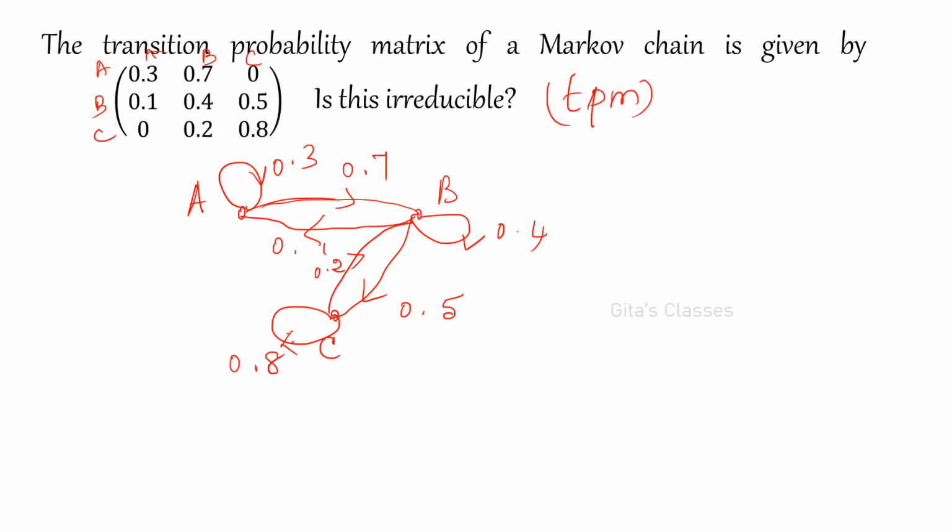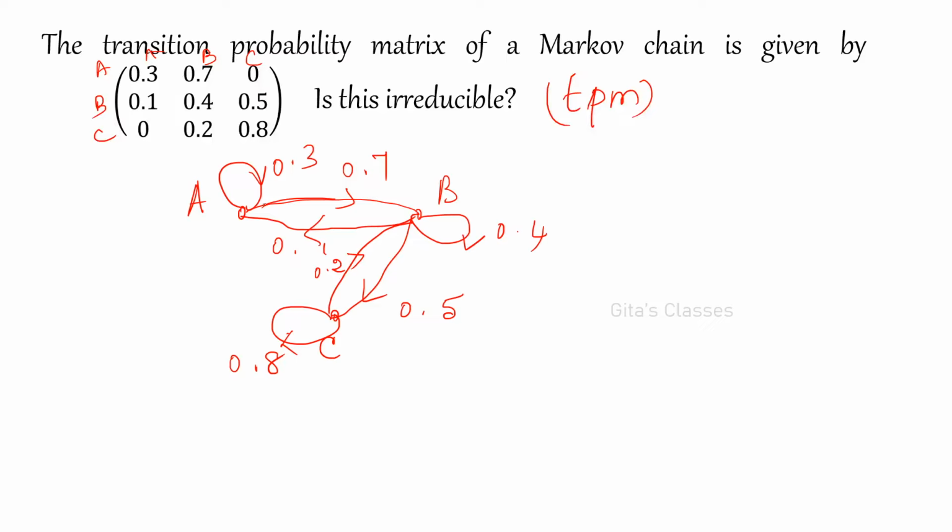Now, when will you say that it is irreducible? When all communicate with each other or not. From A, I can go to B. From B, I can come to A, yes. And from B to C, then C is reachable. C is accessible from A and A should be accessible from C. From C, I can go to B, then A, and come back.